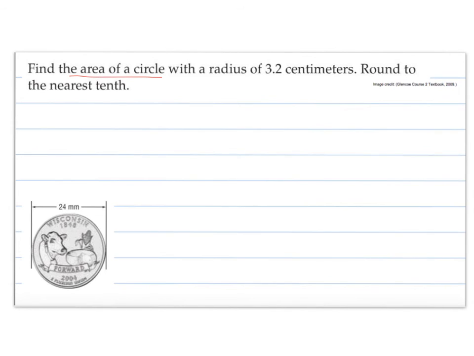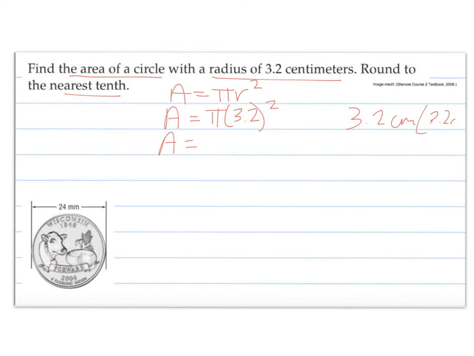Find the area of a circle with a radius of 2.5 centimeters, round to the tenths. So I write my formula, plug in the value I know, which is my radius, and square that number, really meaning 3.2 centimeters times 3.2 centimeters, not times 2.